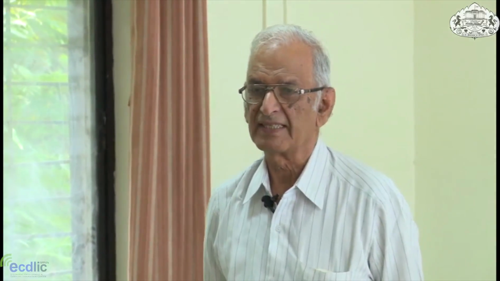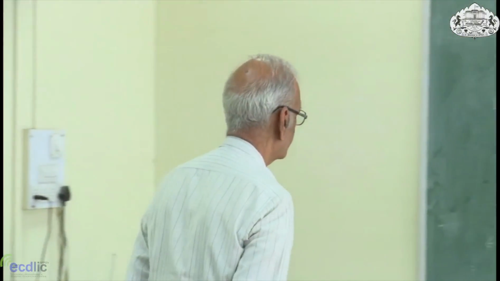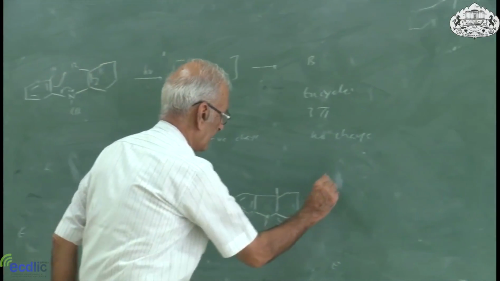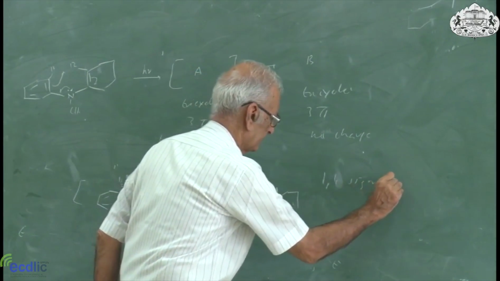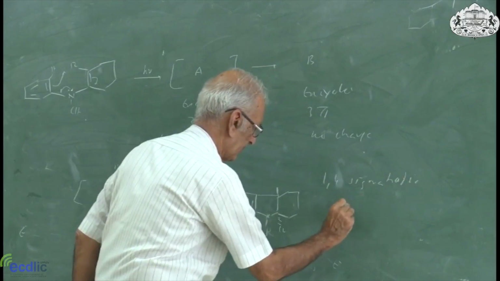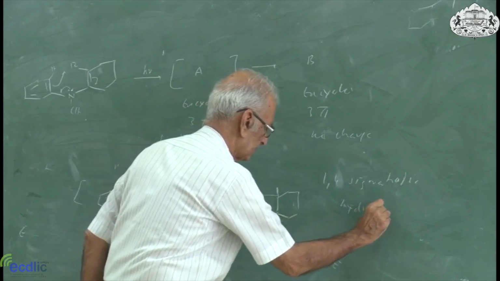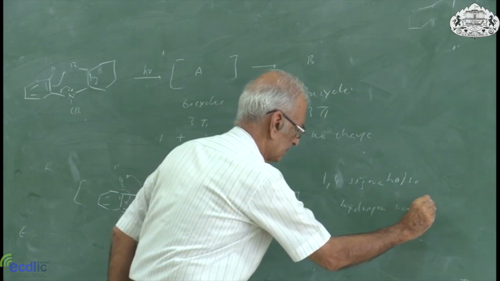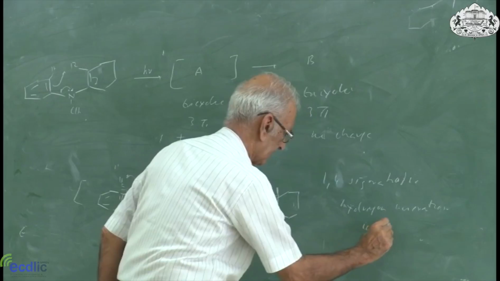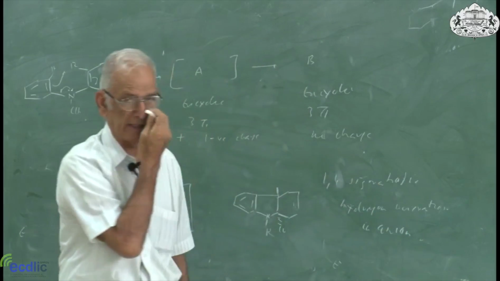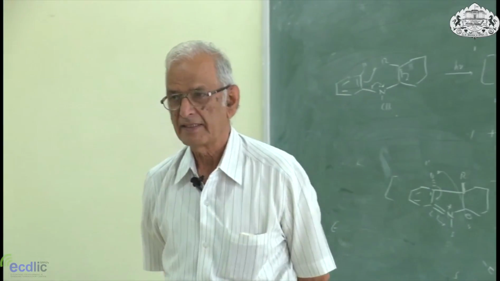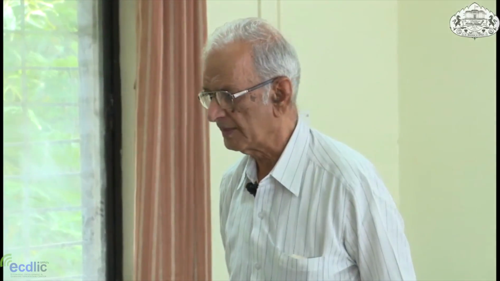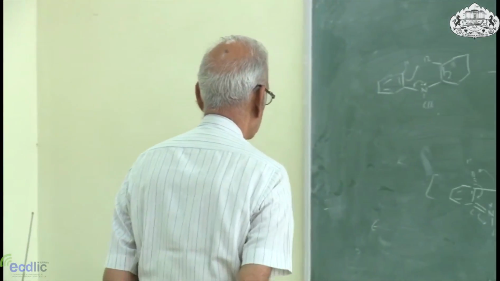It is a 1,4 sigmatropic hydrogen migration in an anion. 6-electron hydrogen migrations take place with retention. So, your hydrogen was below, in the product your hydrogen is below.